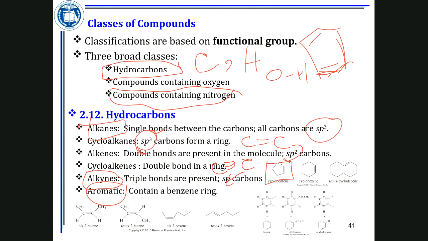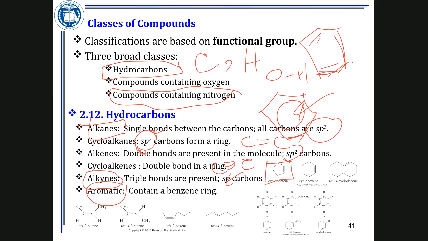So this pi system is going to start moving around, and sometimes they just put a ring inside the 6-member cyclic system, and that shows aromatic. At this point, you need to be able to recognize the functional group. It's not to know what makes this molecule, at least for chapter 2.